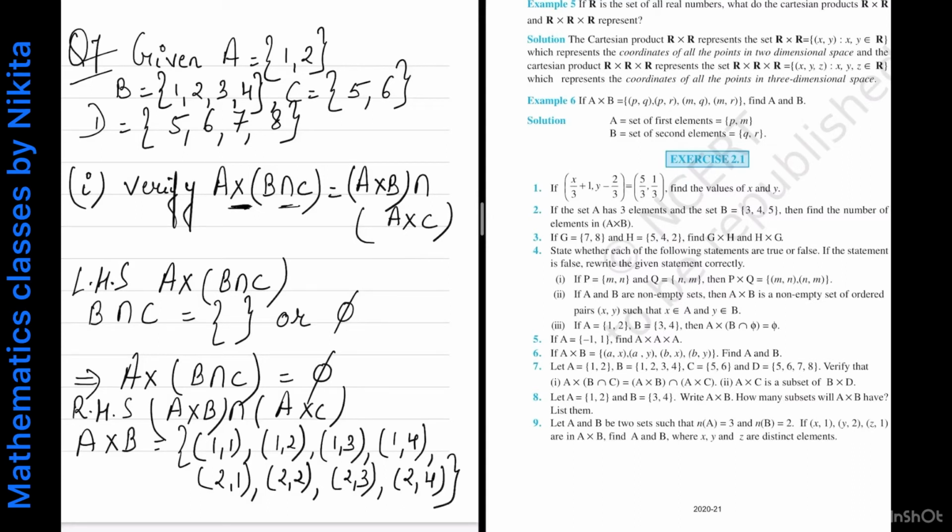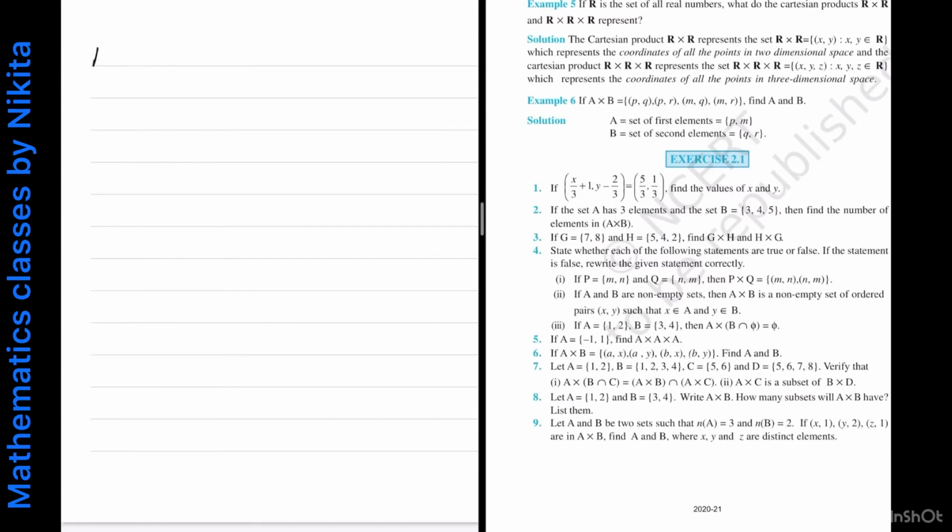So this is A cross B. Now let's find A cross C. A cross C will be equal to (1,5), (1,6), (2,5) and (2,6).